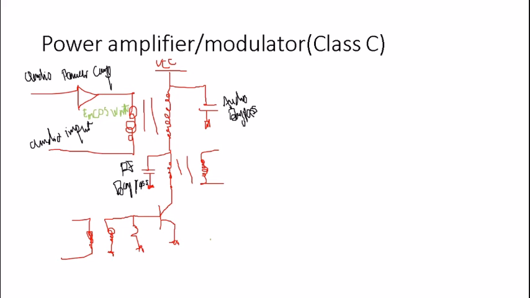Given that it's a Class C power amplifier, the output of this Class C power amplifier is going to be equal to this voltage added to this signal, multiplied by cosine omega c of t.